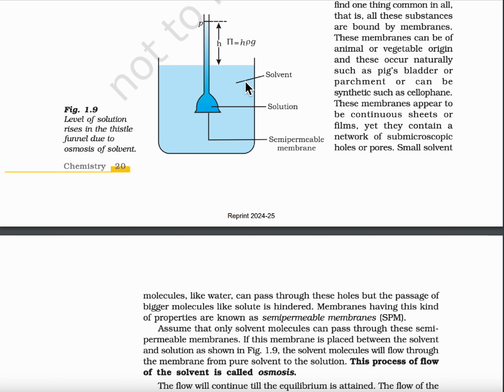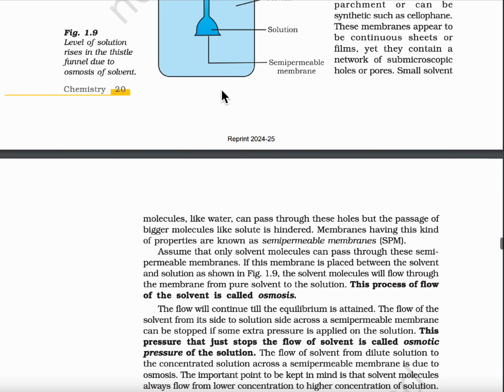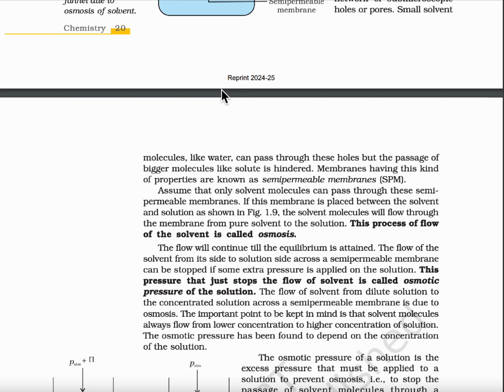So your solvent will move from the solvent space to the solution space through the semi-permeable membrane, from higher concentration to lower concentration. This process of flow of solvent is called osmosis. The flow will continue till equilibrium is attained.